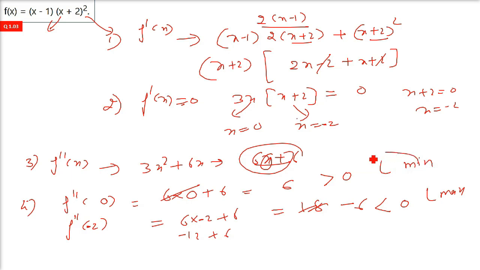Now we need to find the value of the function at these critical points, 0 and negative 2. So place this value in f'(x). No, sorry, f(x), the original equation.